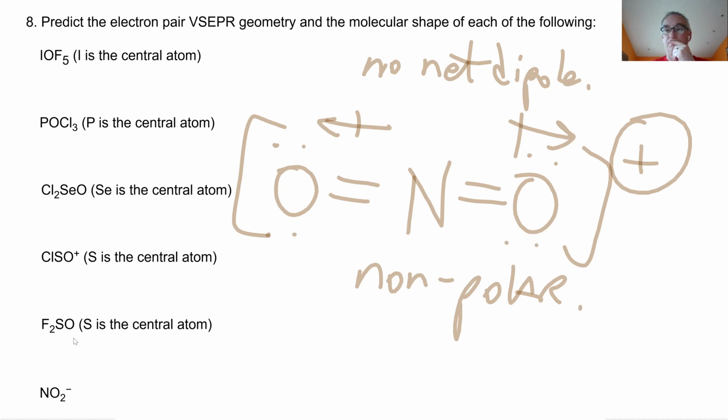Oh, okay. But basically, what happens in this situation is that there's electron density on both sides, and since nitrogen has a net positive charge, it pulls electron density away from the 2 oxygens and toward itself. Because even though nitrogen is not as electronegative as oxygen, it's really close.